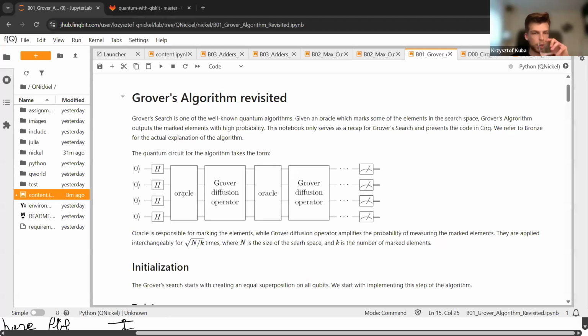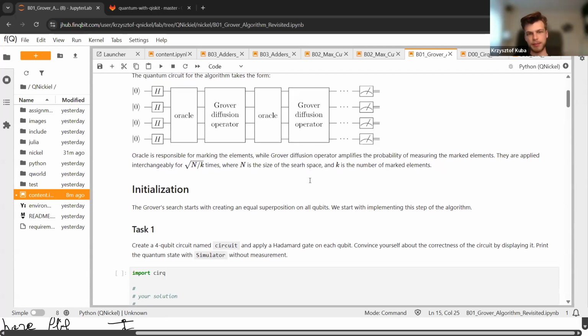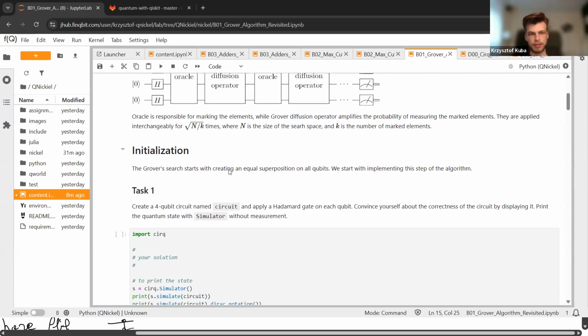Then we apply an oracle, and the oracle is the phase flip that actually flips the phase of our key. Then we have this Grover diffusion operator, which is the reversion about the mean. And again, we repeat this step by step. And once again, if there are k different keys, we apply this square root of n over k times.